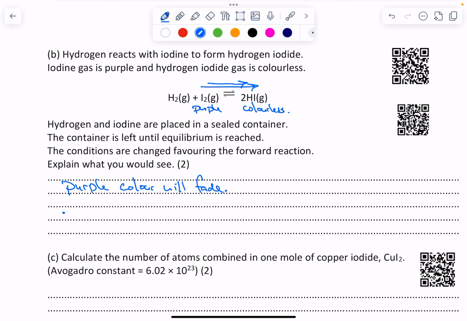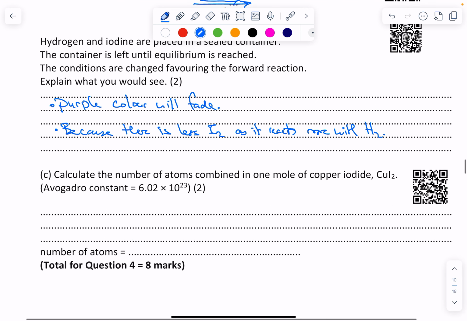Why is it going to fade? Because there is less I2 as it reacts more with hydrogen.